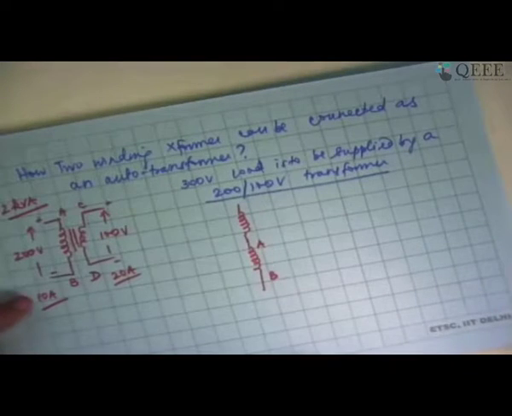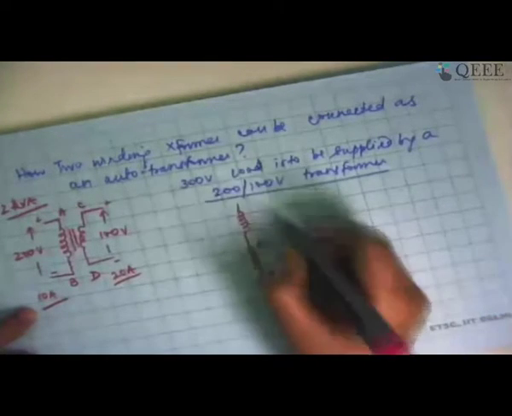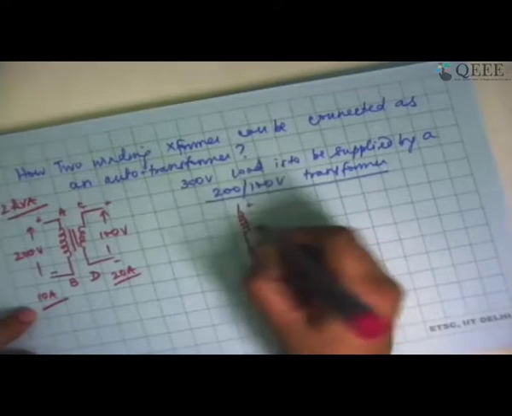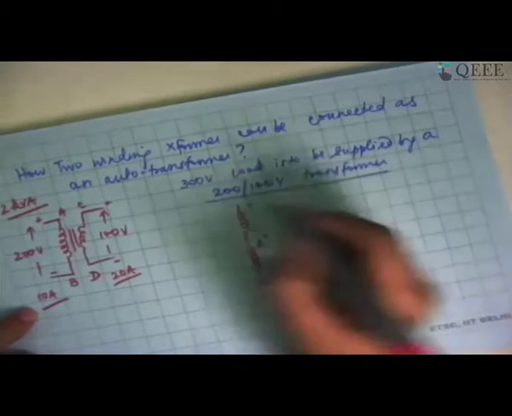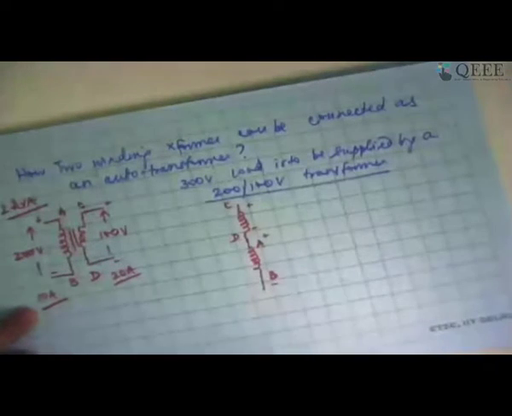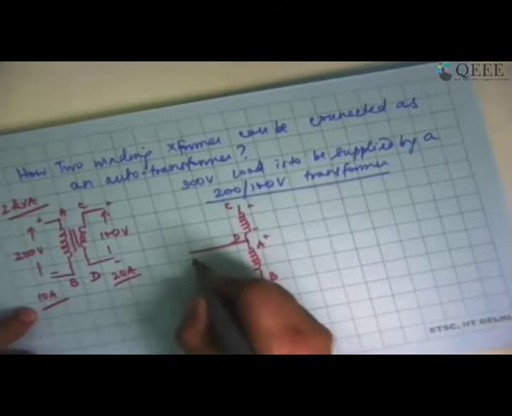I have to essentially connect AB and CD in series addition. So I should have plus here and minus here. Only then it will be series addition. So I have to have C here and D here. Is that clear? Now I am going to connect the 200 volts supply here.